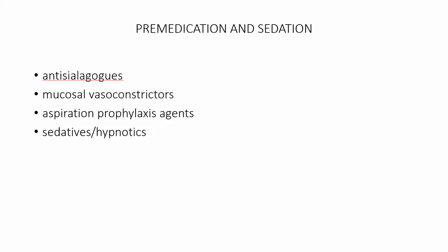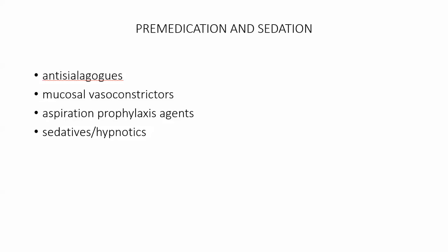Once a decision has been made to perform an awake intubation and the patient has agreed to proceed with the awake intubation, premedication is commonly employed to alleviate anxiety, provide a clear and dry airway, protect against the risk of aspiration, and enable adequate topicalization of the airway.